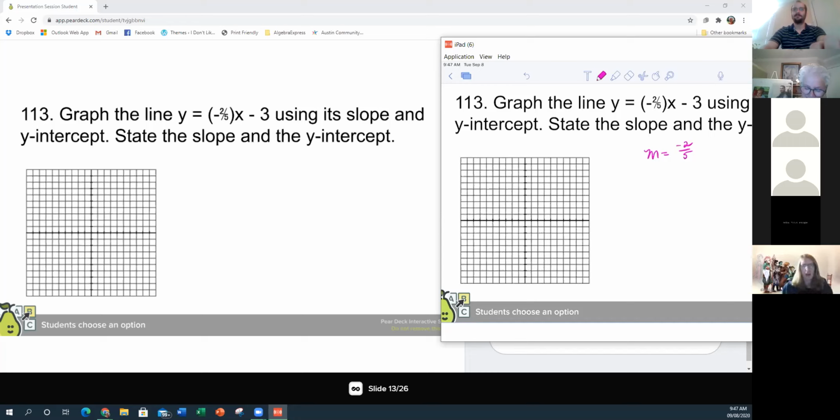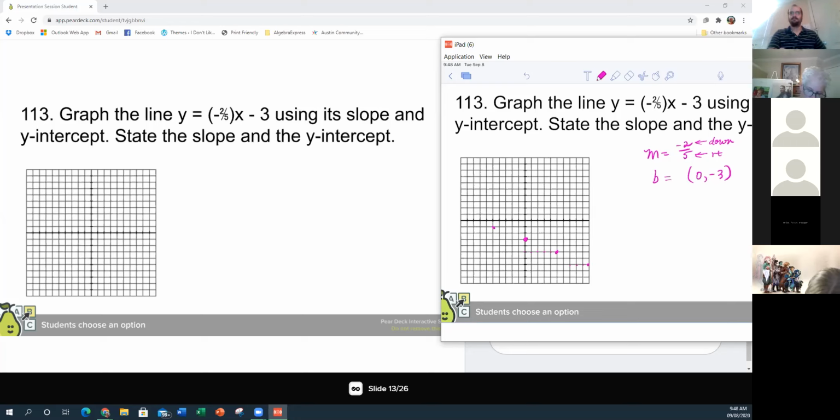Okay, go ahead, Olivia. And then for the y-intercept, I got -3. Yes. So our y-intercept is (0, -3). And from here, we're going to go down 2 and to the right 5. Or we could go up 2 and to the left 5.